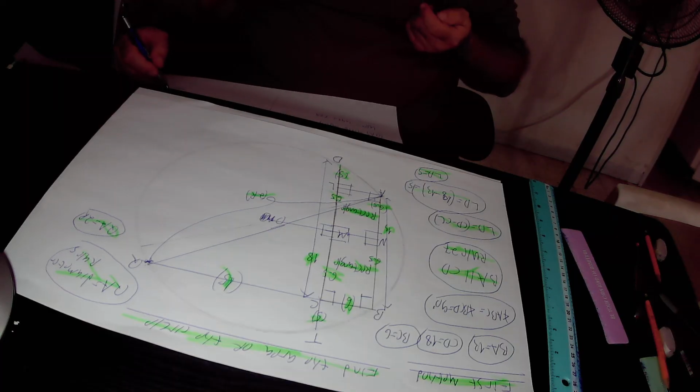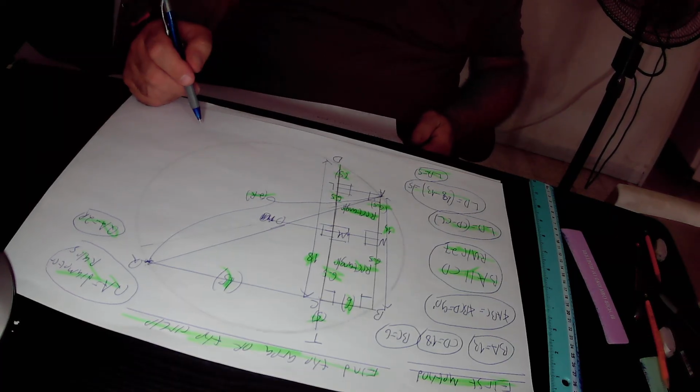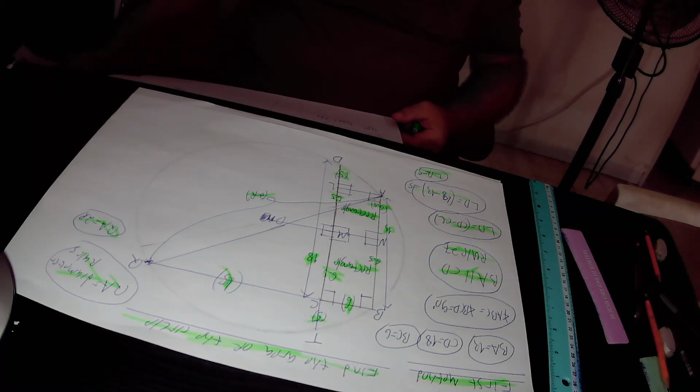In the next step, I present to you how to find the area of this circle according to the second method. In the second method, we use some of the values that we already found in the first method.